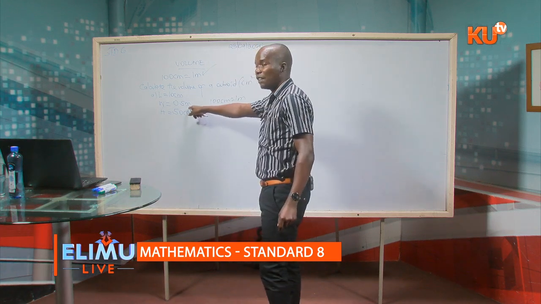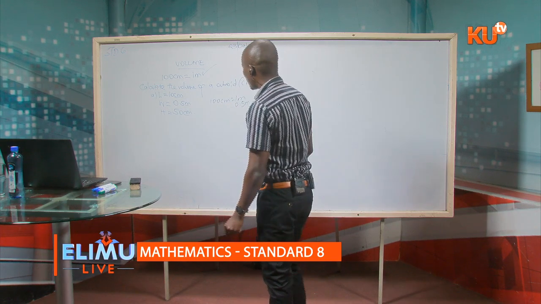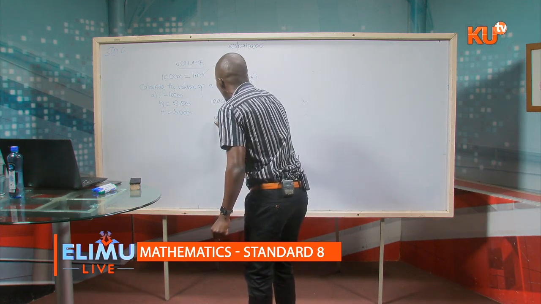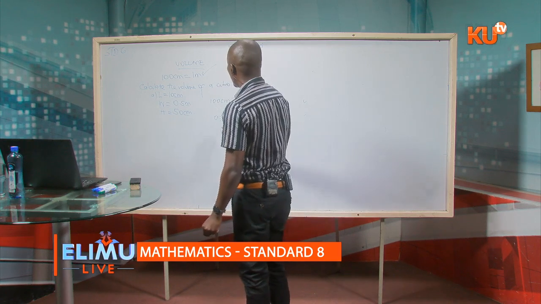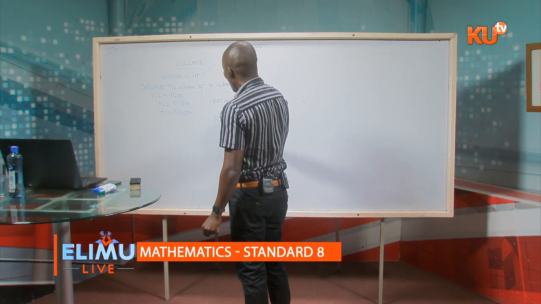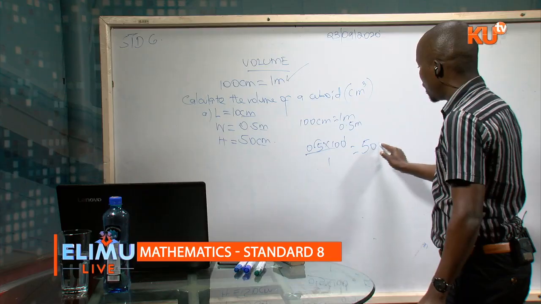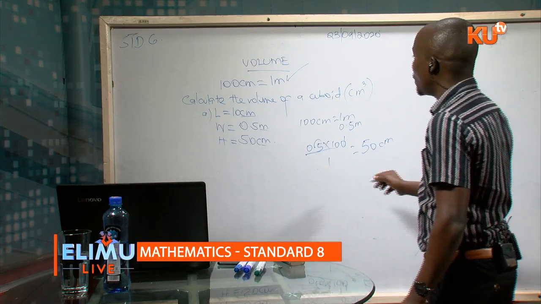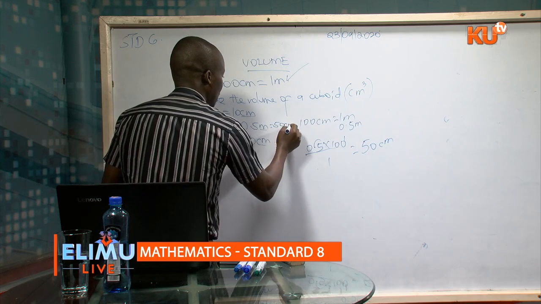Now, how much is 0.5 meters? We have 0.5 meters. It will be 0.5 times 100 over 1, of course, the 1 will give us... the 0 will cancel the decimal point. So we'll have 50 centimeters. So we have our 0.5 as 50 centimeters.